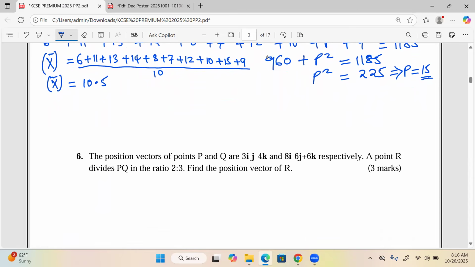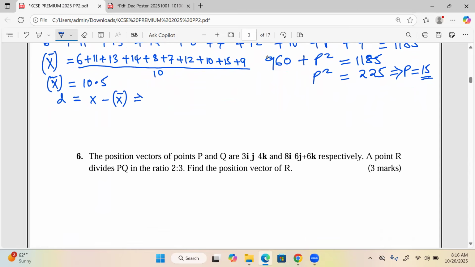So we need now deviations, which are given by each value minus the mean. How is each value varying from the mean?